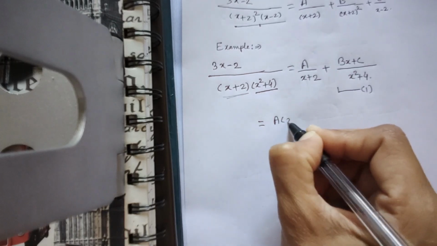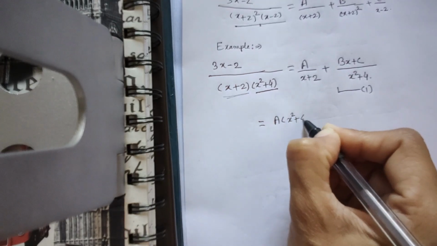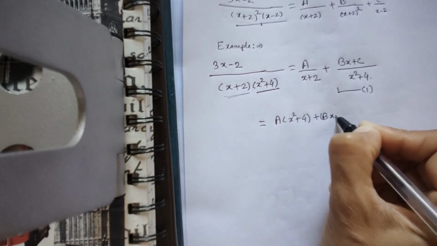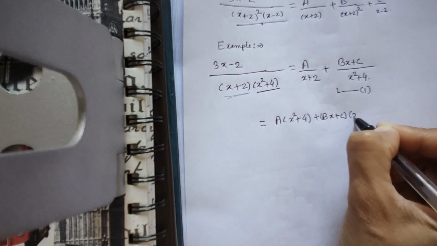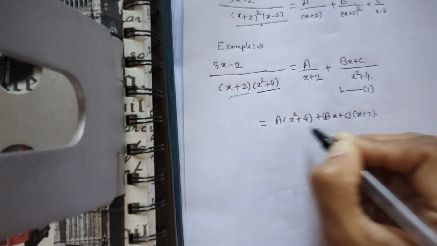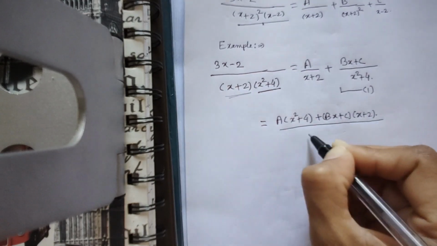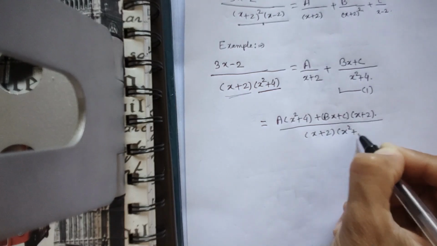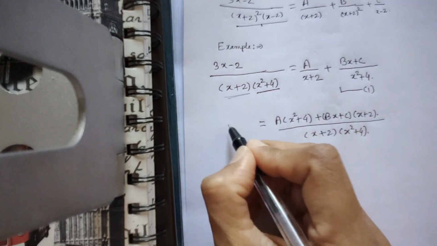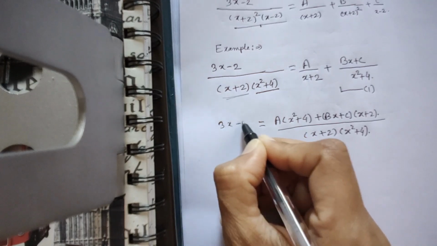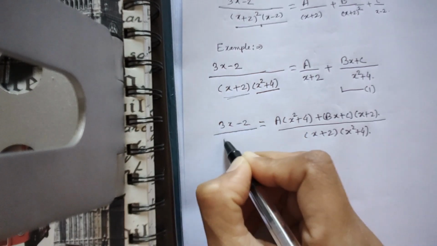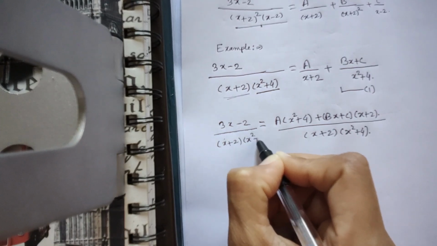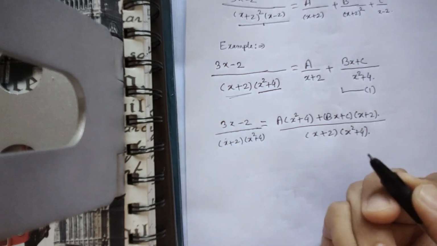So a into (x square plus 4) plus (bx plus c) into (x plus 2) upon (x plus 2) into (x square plus 4), and here I have (3x minus 2) upon (x plus 2) into (x square plus 4).